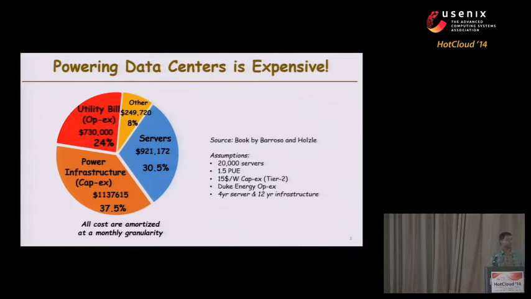Now the actual numbers might vary from data center to data center depending on many factors. So I'm not going to go into the details of how this was done, but the key takeaway for our purposes here is that the cost of building the IT infrastructure, which is labeled as servers here, is often comparable to the cost that is incurred towards building the power infrastructure, the highly reliable power infrastructure that is needed to keep these servers powered on.